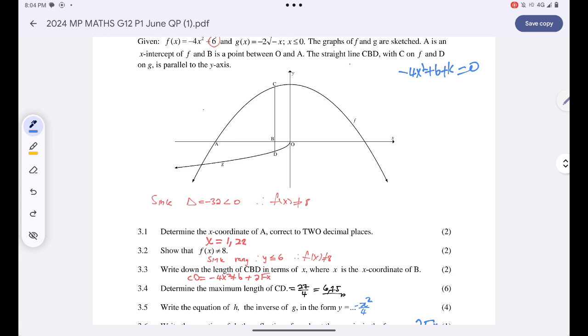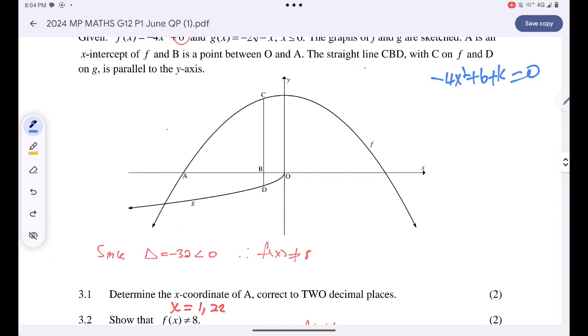I just need to talk about the y-intercept of my graph. In this case, I can say let 6 plus k, which is the y-intercept, be equal to p. That means I'll simply have -4x squared plus p is equal to 0.